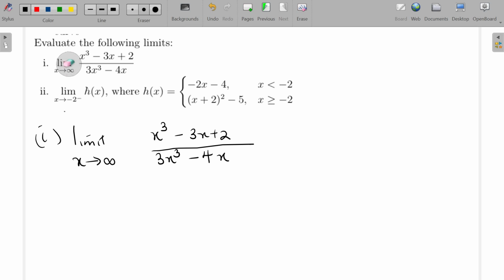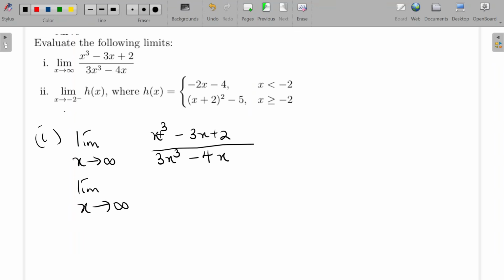Okay, so when it is approaching infinity, and in this case it is positive infinity, the values that you'll be dividing, so here when you divide out, you say that this is equivalent to the limit as x approaches infinity.